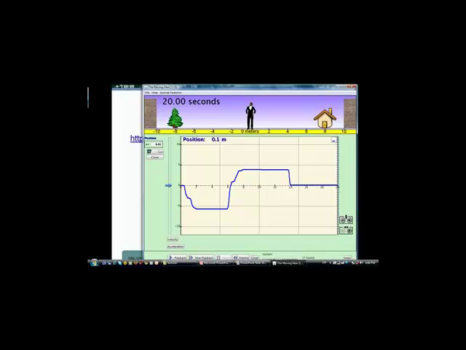Again, it's shaky, my apologies for that, but it means that here the person momentarily stopped and then stayed at the 4 meters for a while and then moved back to the 0 meters and stayed there. One good thing about the simulation is we can rewind and view the motion again. So here at rest and then moved back, slowly stopped, moved back, and then stayed at rest there for a while.